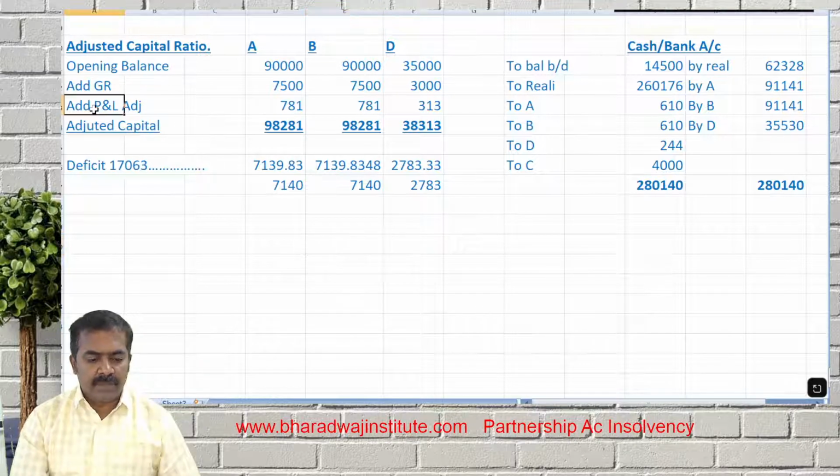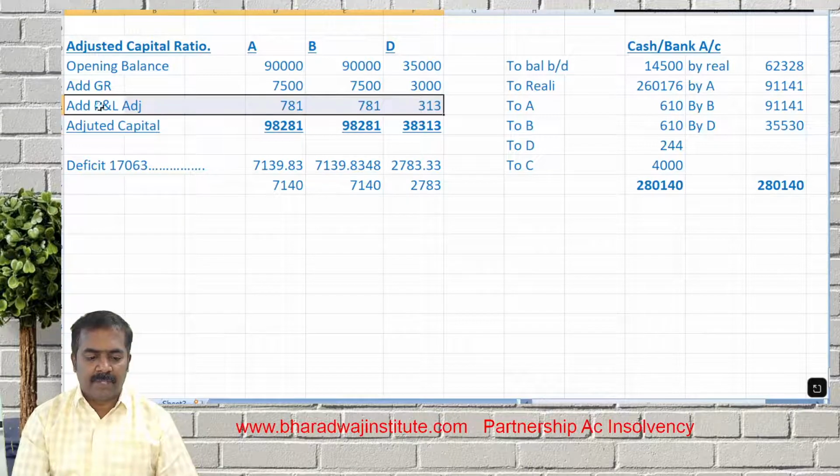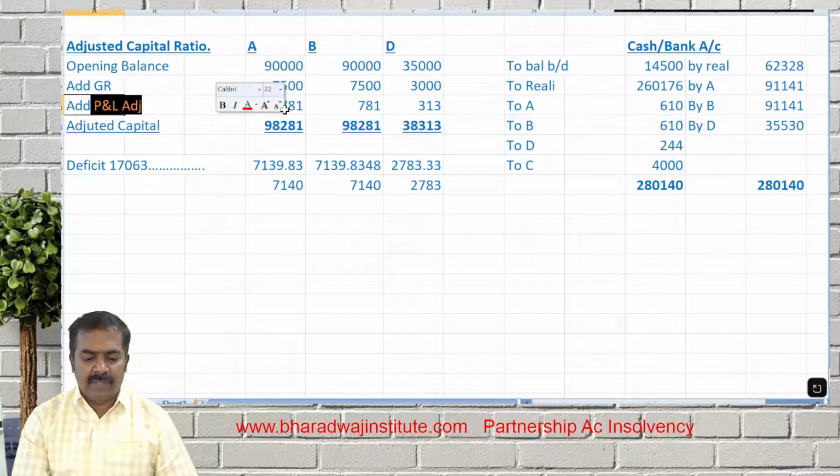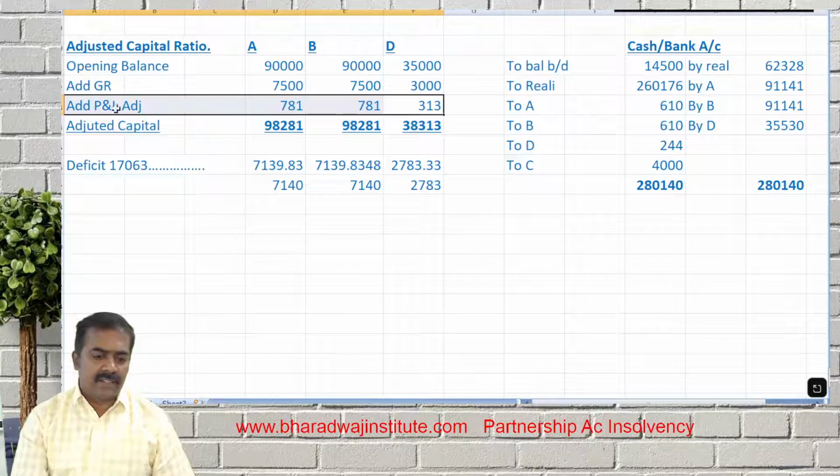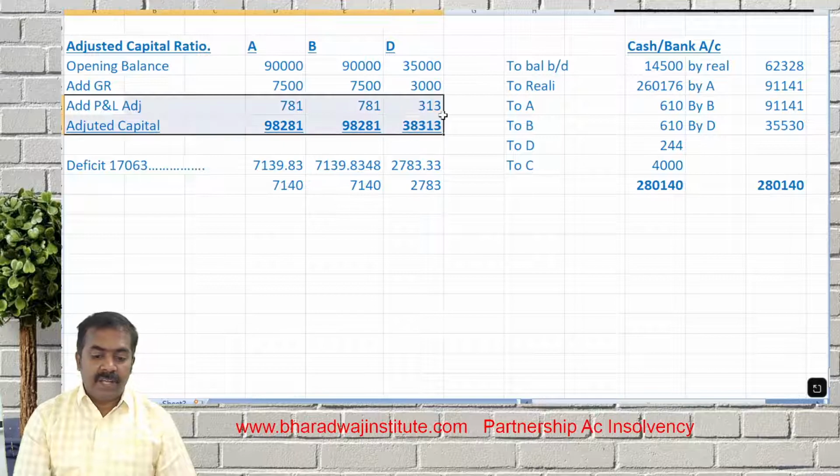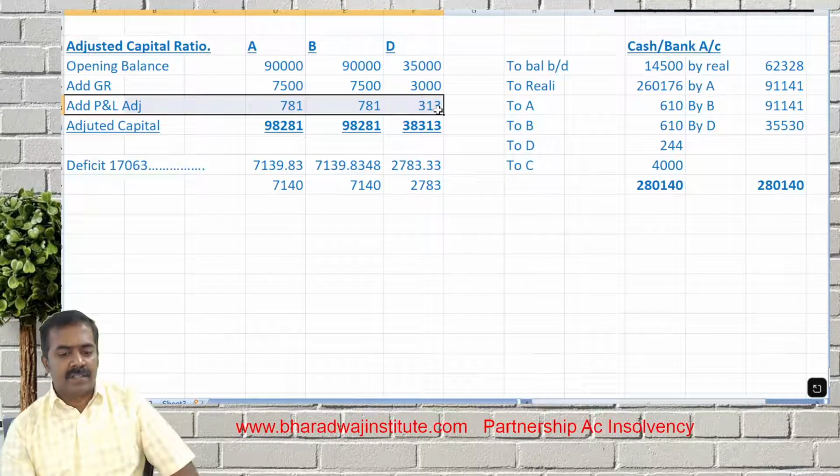A good question. Supposing there was a loss on sale of investment, it would be minus. In P&L account adjustment we add because there was a profit on sale of investment omitted. Suppose there was a loss on sale, we would have reduced here. Only pre-dissolution events should be considered.